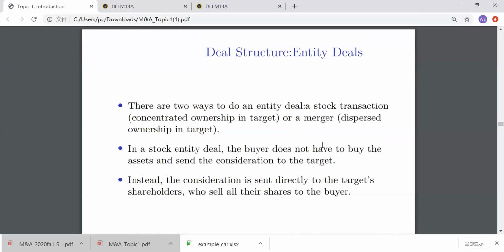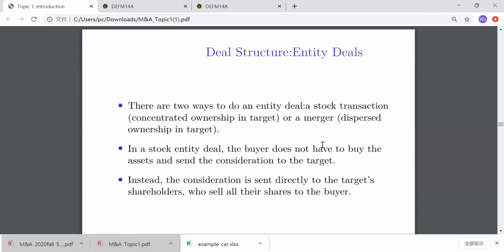That is a very costly and cumbersome process, because it needs to go through a vote. If shareholders do not approve the merger, then you cannot make it go through. Now, if the target has concentrated ownership, meaning the ownership is only in a couple of individuals, like top managers, then that's easy. You don't have to have a voting process. You can typically just get the approval of these people.